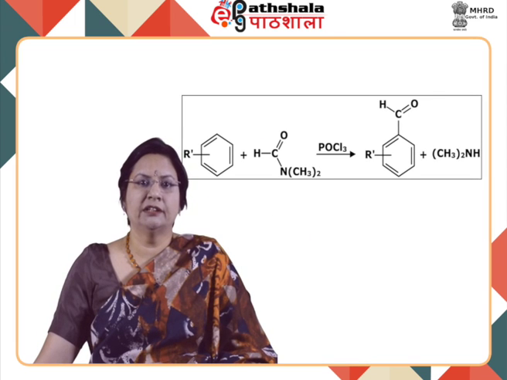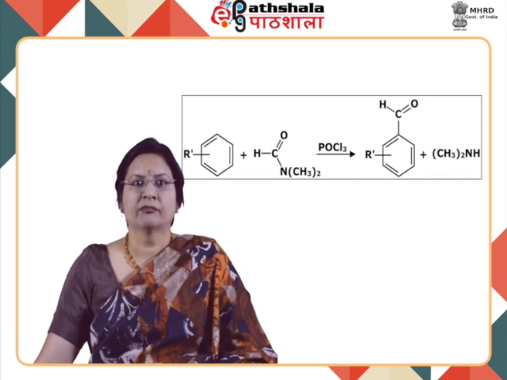As you can see in this general reaction, when this aromatic substrate is reacted with N,N-dimethyl formamide in the presence of POCl3, this also leads to formylation, that is, introduction of the CHO group.